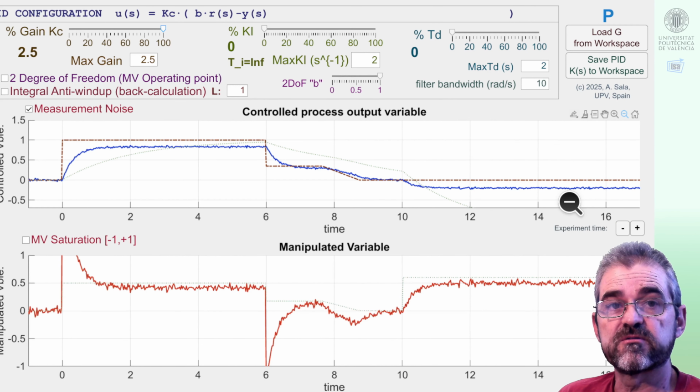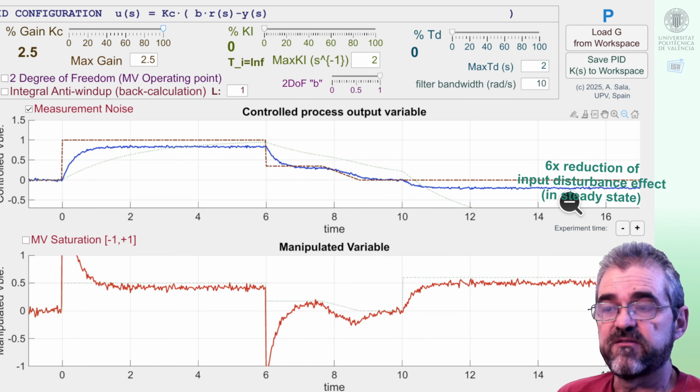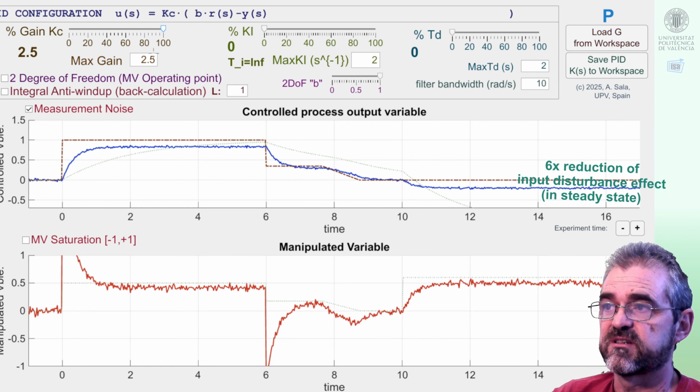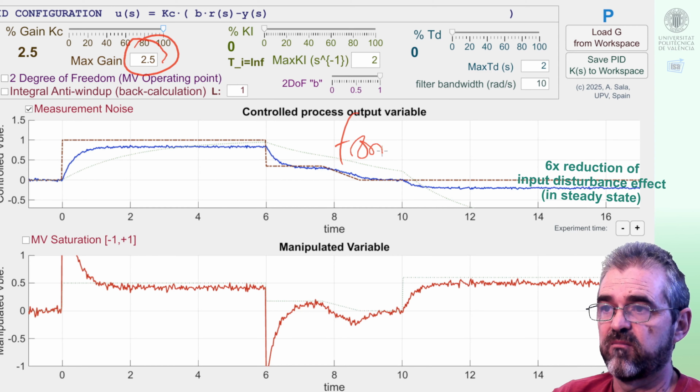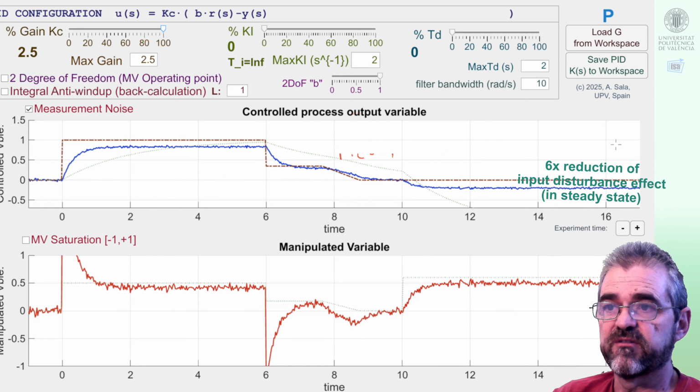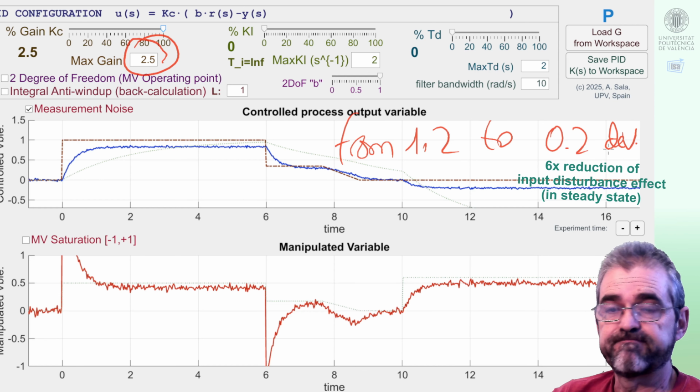So my proportional controller reduced my deviation with this gain from 1.2 to 0.2. So we improved our accuracy by a factor of 6.